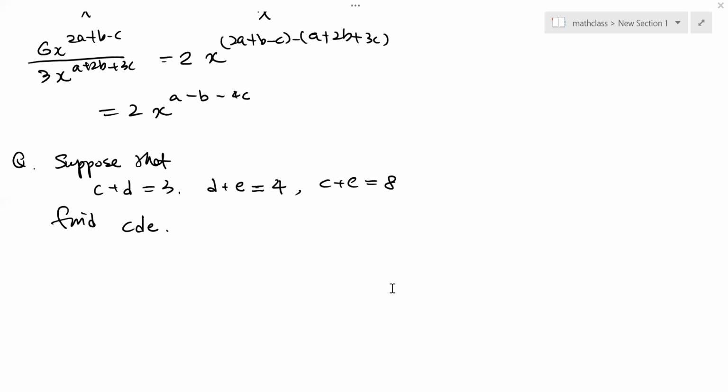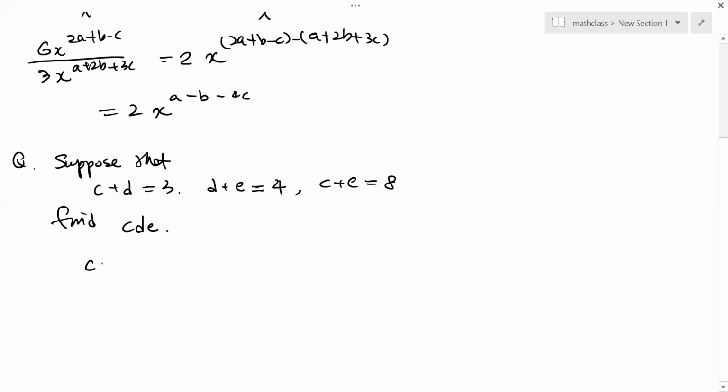Okay. So look at those 3 equations. They are very symmetric, in the same format: c plus d, d plus e, c plus e. So in that case, you need to add the 3 equations together.